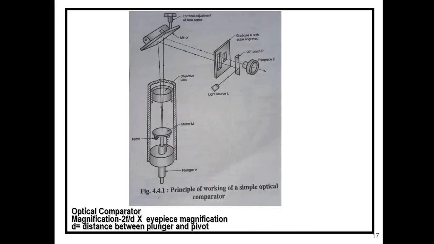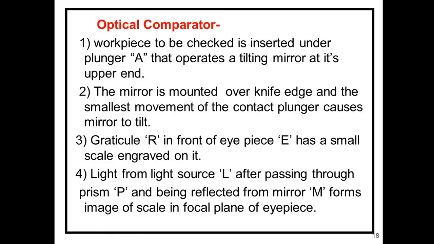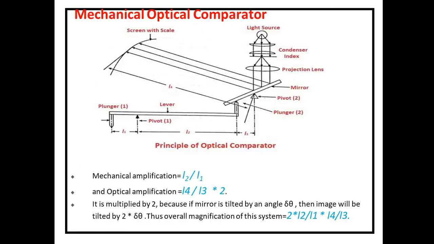The first comparator that we have seen is the optical comparator, its principle of working, how it works, and what the components are. The second comparator we have seen is the mechanical optical comparator, a combination of mechanical and optical, and its magnification.